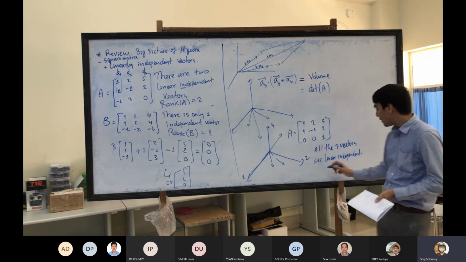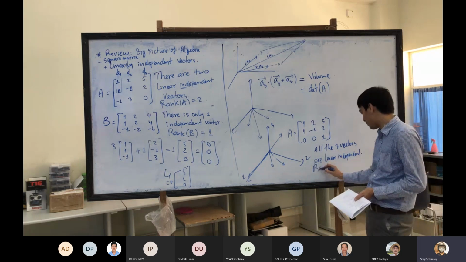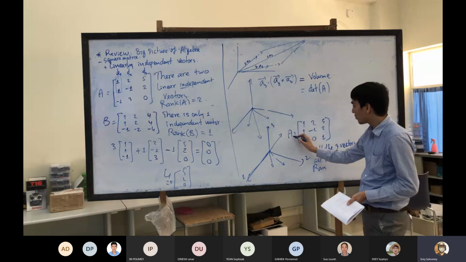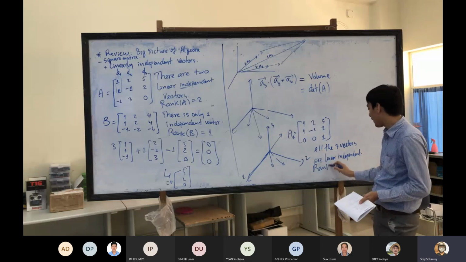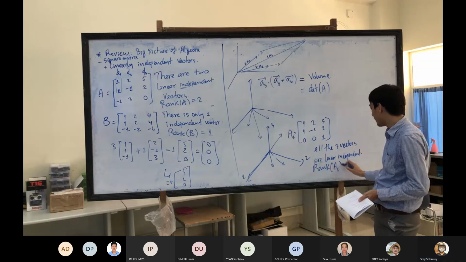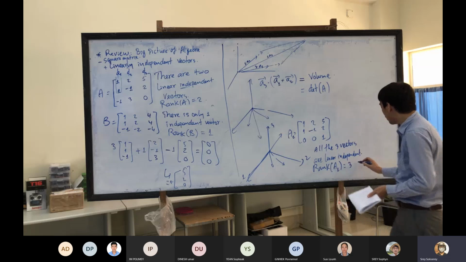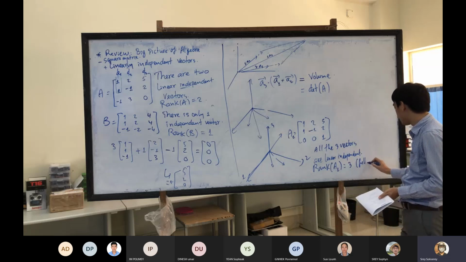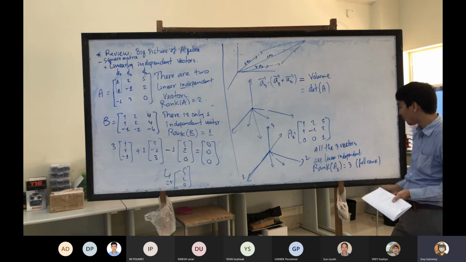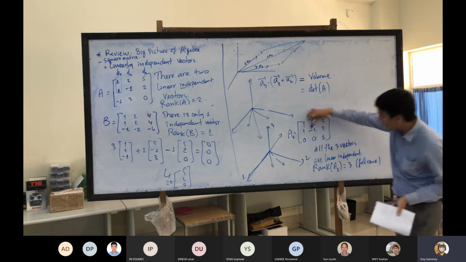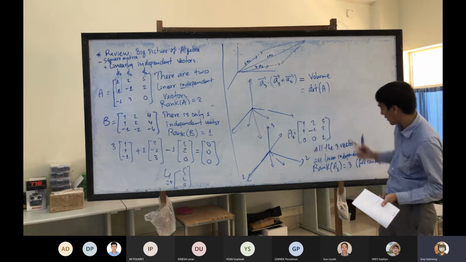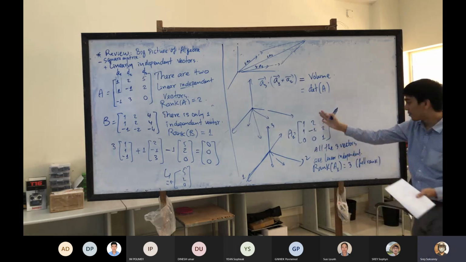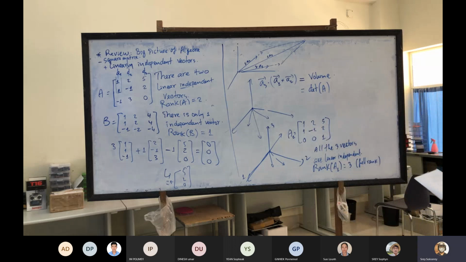So it means the range of A1 equals 3, full range, because the dimension of each column vector is 3, and these 3 vectors form a full range.